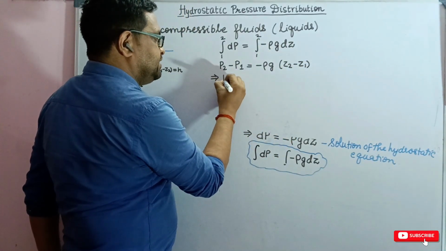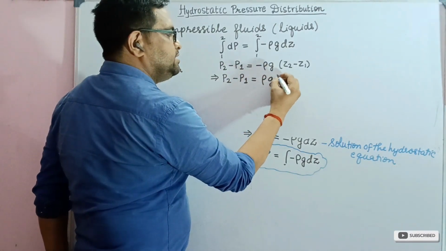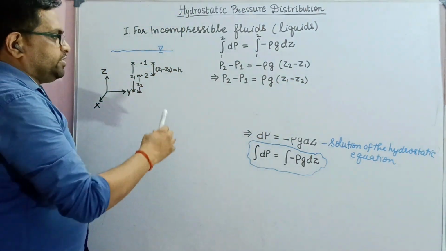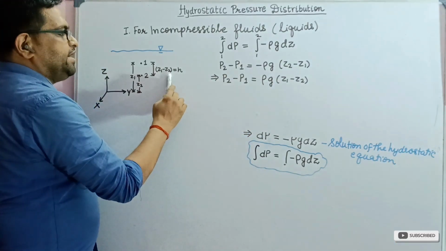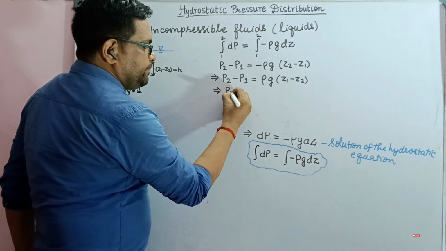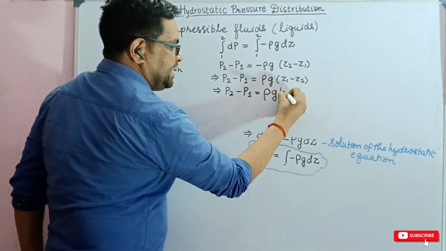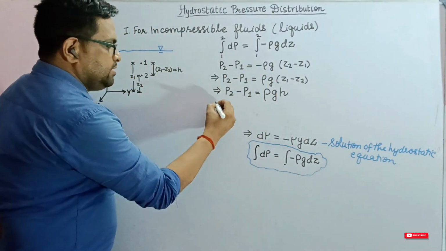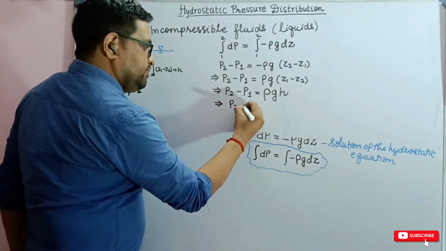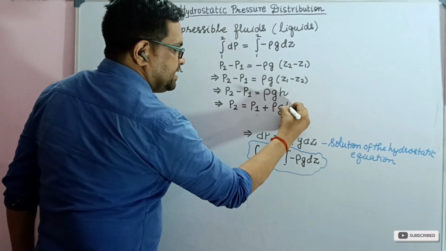Or we can also say that P2 minus P1 will be equal to rho g (z1 minus z2). Now the term z1 minus z2 has already been indicated by the letter h. So we can now rewrite it as P2 minus P1 is equal to rho g h. So we can calculate the pressure at any point: P2 will be equal to P1 plus rho g h.